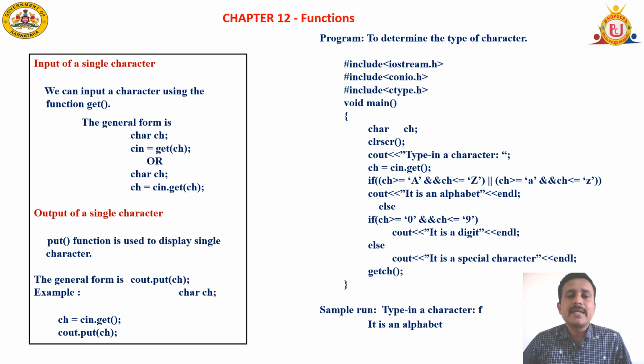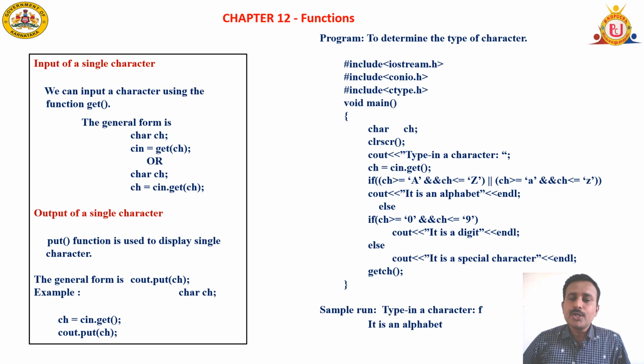Now dear students, let me start with a program. To determine the type of character, whether it is an alphabet, a digit, or a special character, this program is written. Let me start with preprocessor directives: #include <iostream.h>.